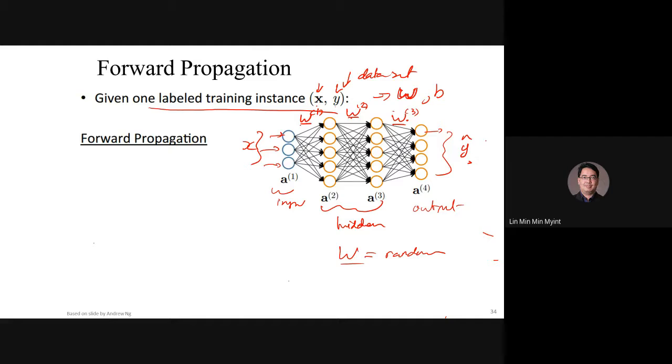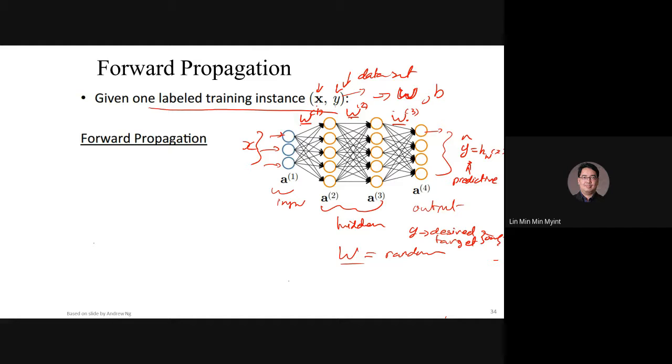So let me define that Y clearly in here. This one is the output of the model, which we call the predicted Y hat. And this Y from the data set is our desired or target output.